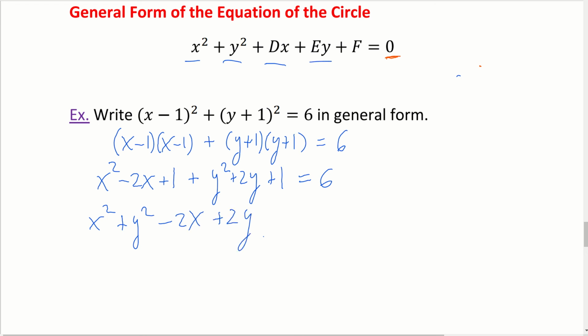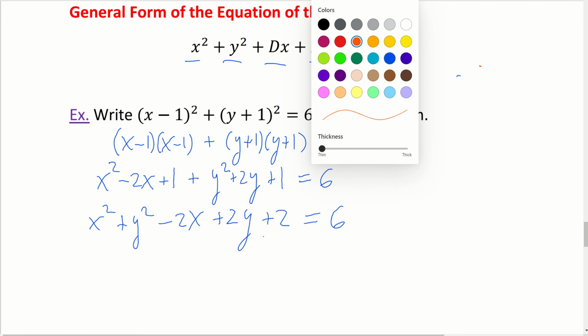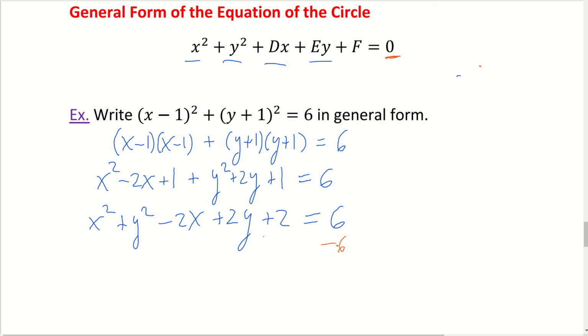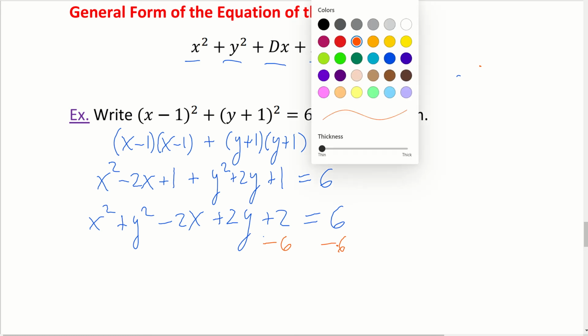And after we expanded those, notice we do have some like terms on the left side. A positive 1 and a positive 1. We'll add to make positive 2 equals 6. And then our very last step would be to make the right hand side 0. Now we're going to go ahead and subtract 6 from both sides. And here's what we have.